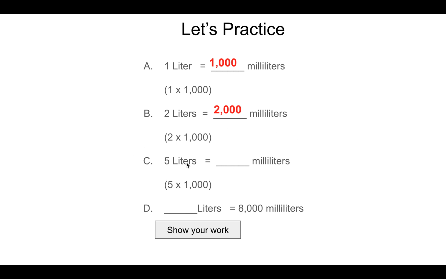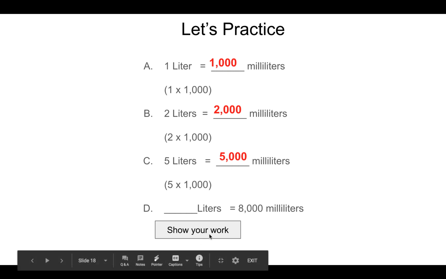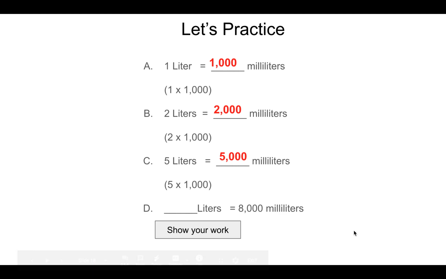If we have 5 liters and we're converting it to milliliters, that would be shown as 5 times 1,000, which would give us 5,000 milliliters. And lastly, this one's a little different because we know how many milliliters we have, but we don't know how many liters that equals.